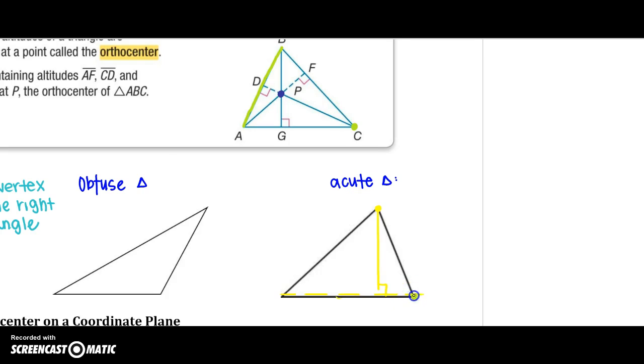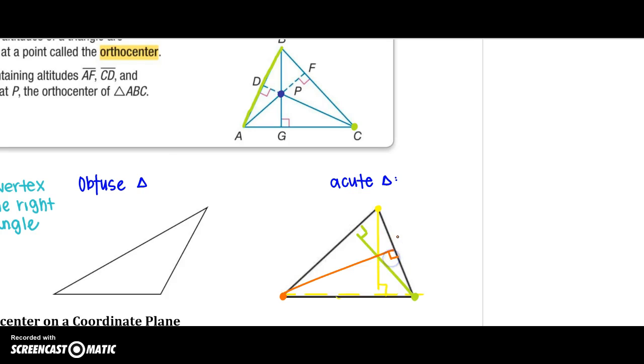Then I'm going to go from this vertex to the opposite side. And then the last one, if you notice, it's starting to take shape, from the vertex to the opposite side, making sure each of those is as close to perpendicular as possible.